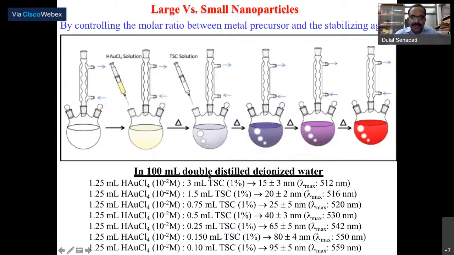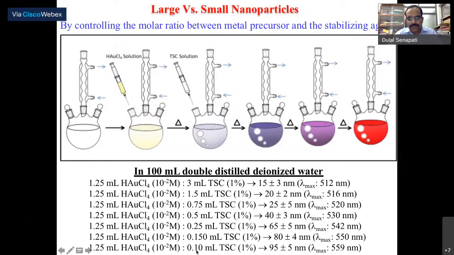That's why when we use 3 ml trisodium citrate, there are so many trisodium citrate molecules, so per trisodium citrate the number of gold atoms available is very few. We can generate a much smaller particle with a diameter of 15 nanometer.